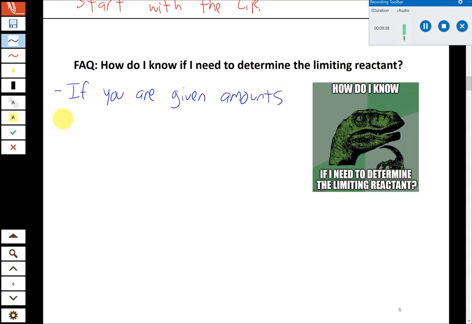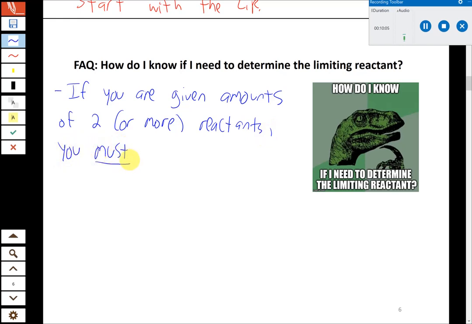But in the problems where you're given amounts of two, or sometimes more than two, but usually only two, reactants, and amounts can be masses, moles, or other quantities we'll learn in the next chapter that are related to moles as well. So if you know the exact amount, in any unit, of each reactant that you have, you have to first figure out which is the limiting reactant.